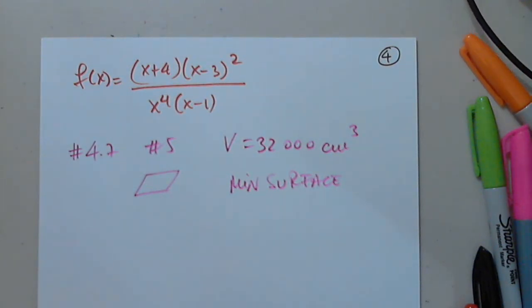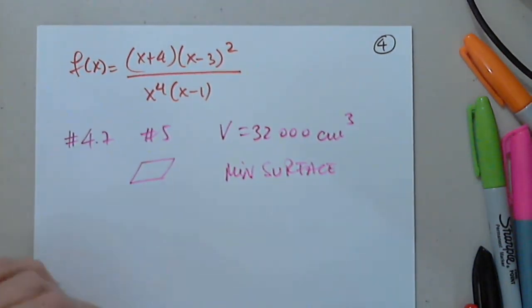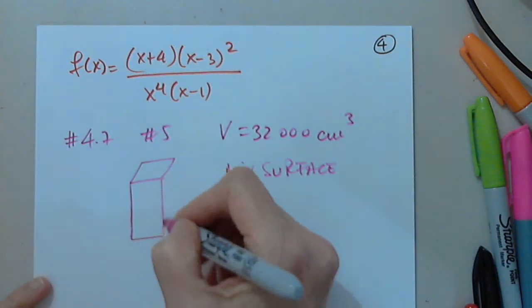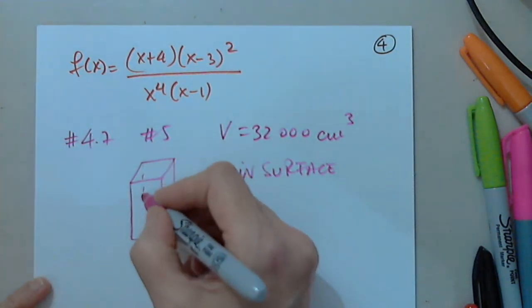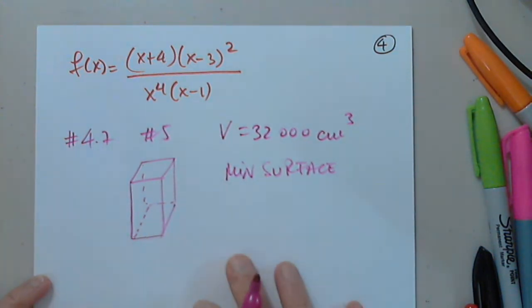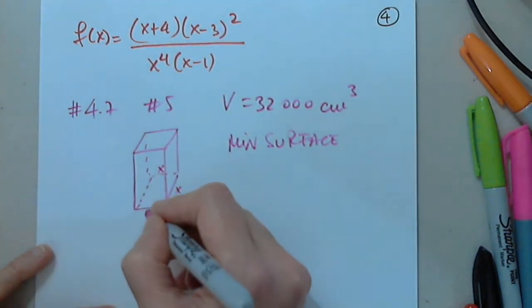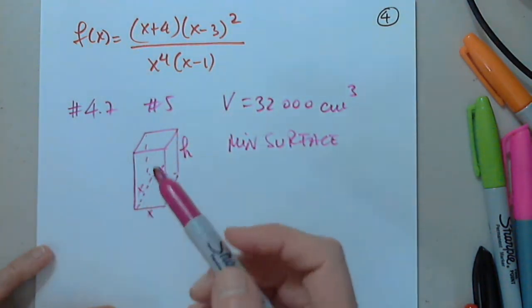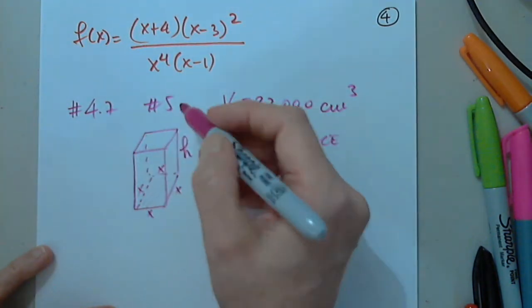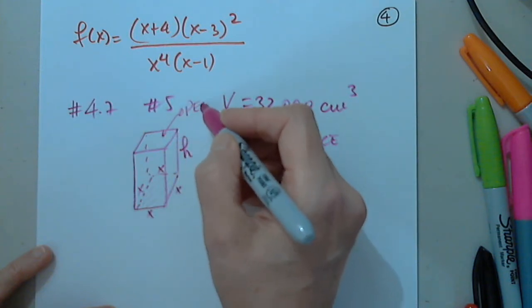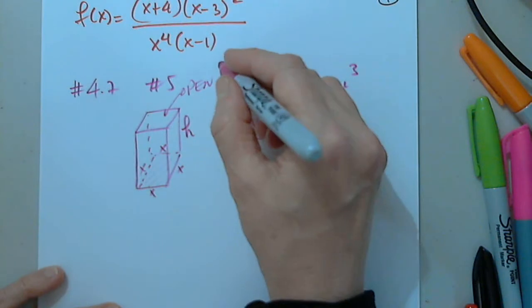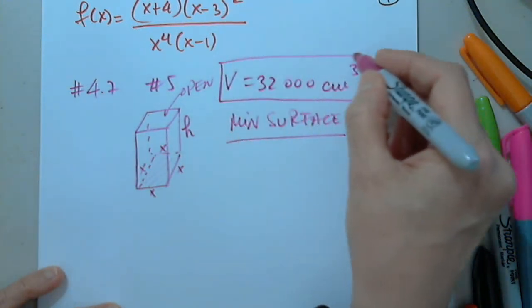Okay, I found you. So it has a square base, correct? Yes. So the base is x by x, and the height is h. It has an open top, right? Yes. Okay, so we are really asked to minimize the surface considering this constraint.